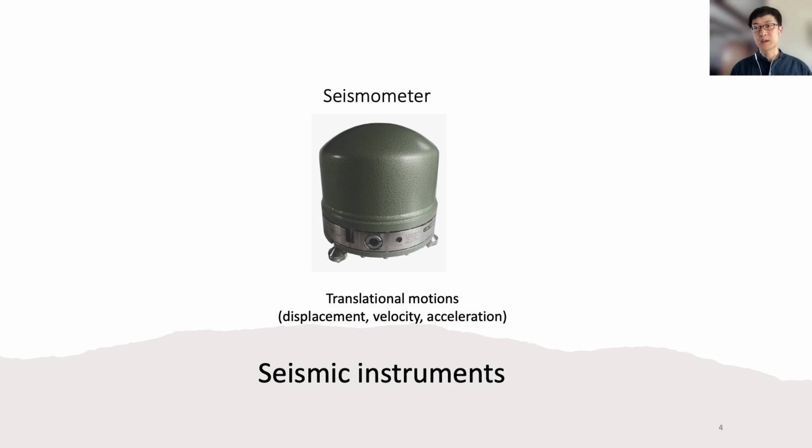Speaking of seismic observables, most seismological observations during the past centuries were carried out with seismometers, which mainly record translational ground motions. However, ground shaking caused by earthquakes, landslides, volcanoes, and any other natural or anthropogenic sources will not only generate translational motions, but also rotation and strain motions.